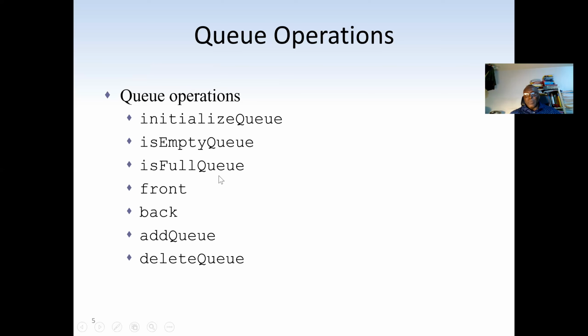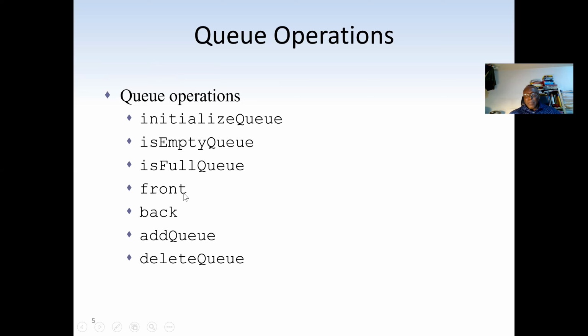In linked list implementation, we do not need to check if there's memory space or if the queue is full. Then we need a variable, or we need a method that will return the element in the front. It's more or less like the peek in a stack.